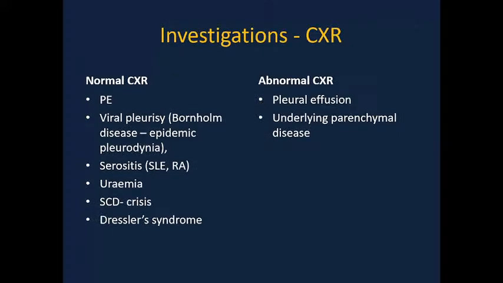Investigation: chest X-ray may be normal in conditions like pulmonary embolism, viral pleurisy, serositis as a result of, for example, SLE and rheumatoid arthritis, uremia, sickle cell crisis, and Dressler syndrome, which is the pleural effusion following open heart surgery.